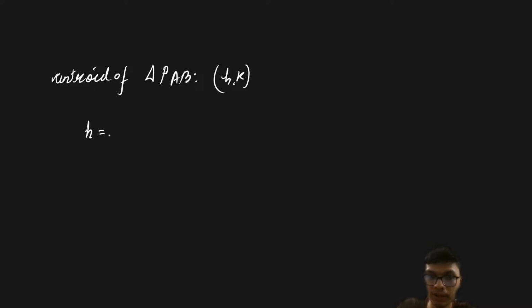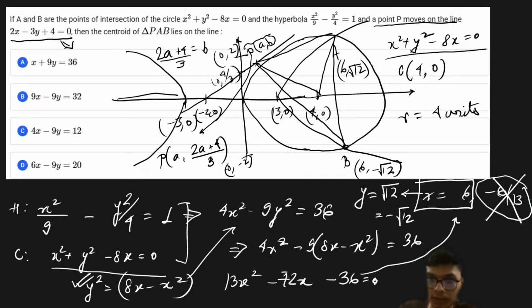And now if I try to find the centroid of triangle PAB, let us call the centroid (h, k). Then h is equal to (6 + a)/3, and k is, as you can check over here, the y-coordinates of A and B cancel out because plus and minus are there.